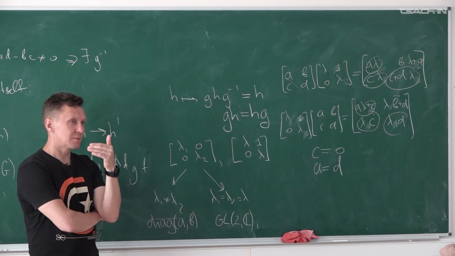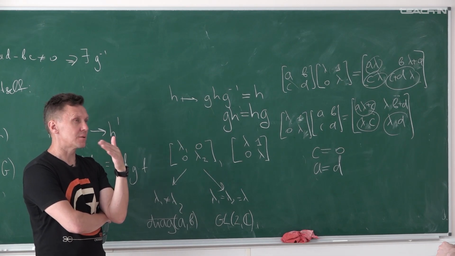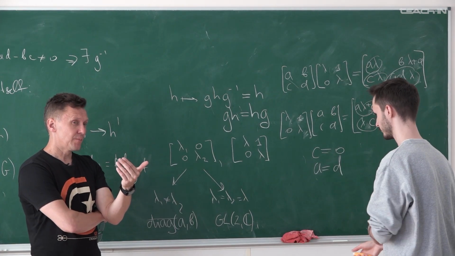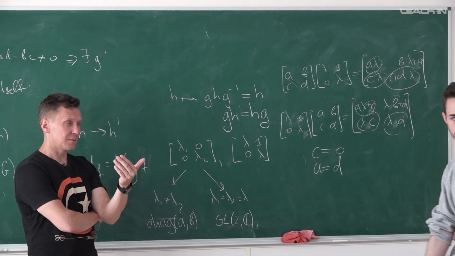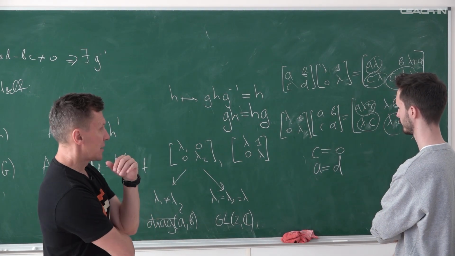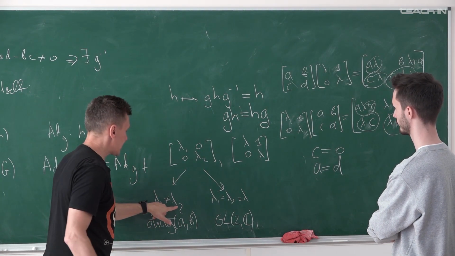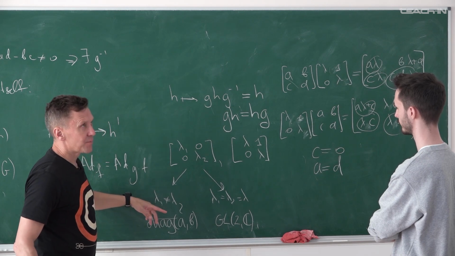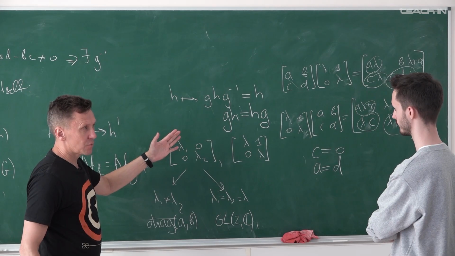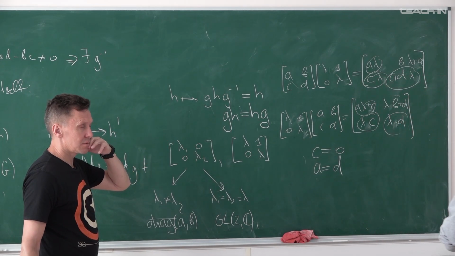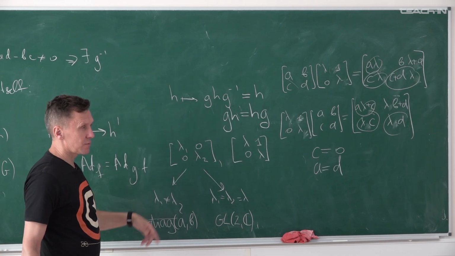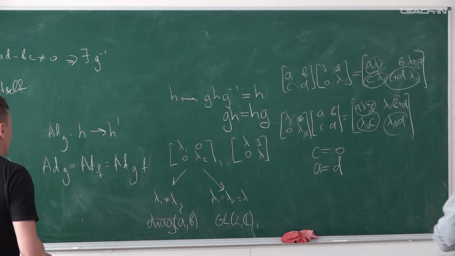It means that you consider the quotient with respect to the two-dimensional group, and the orbits become two-dimensional. So if you fix two eigenvalues, there is a two-dimensional subspace of matrices with such eigenvalues. It's an orbit corresponding to this choice of eigenvalues.